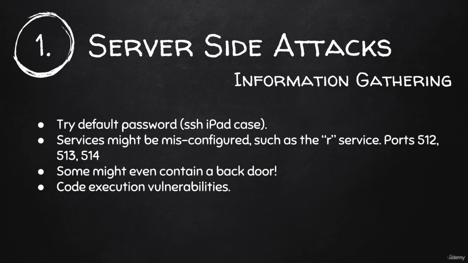Another thing that we can do is, a lot of people install services and misconfigure them. So we'll have another example of this. A lot of these services are designed to give access to that computer, but they obviously need to have some security implementations. People often misconfigure these services, so we can take advantage of these misconfigurations and gain access to these computers.